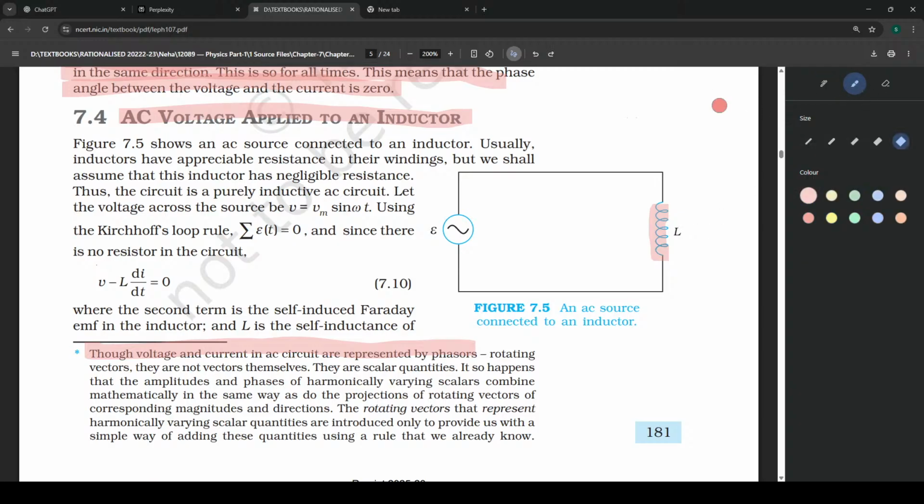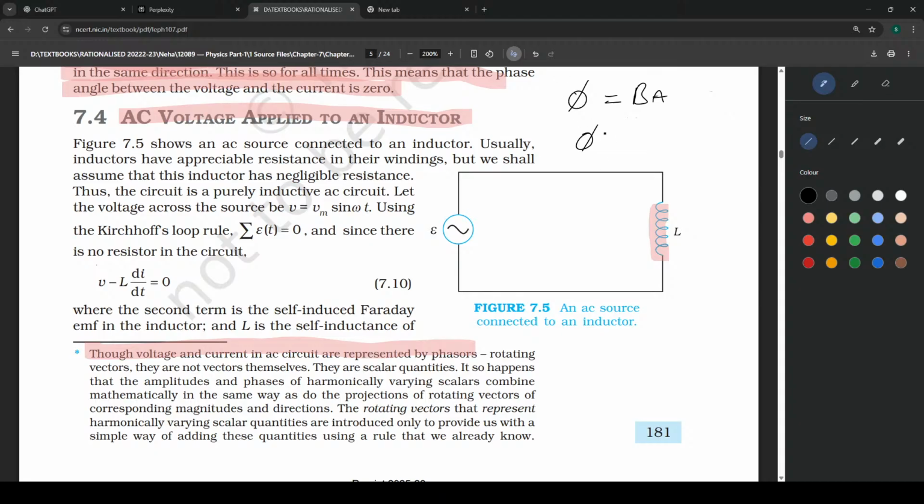L is an inductance value. And one more formula before reading this is the formula of magnetic flux. Magnetic flux formula is BA cos theta, but if we consider theta to be constant, we can just write phi equals BA, where phi is magnetic flux.